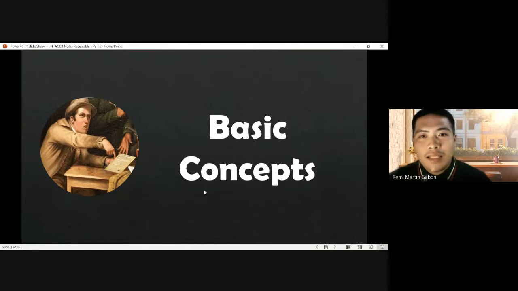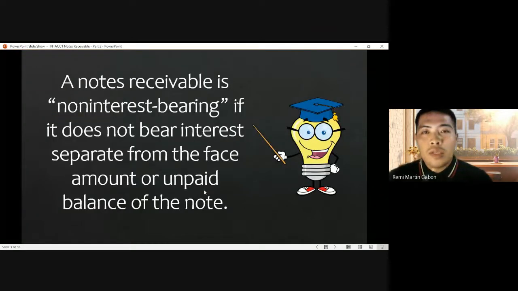Okay, basic concepts. So notes receivable is considered as non-interest bearing if it does not bear interest separate from the face amount or unpaid balance of the promissory note. So in contrast with our discussion yesterday with interest bearing, when we compute for the interest in relation to interest bearing notes receivable, we multiply a specific stated rate with the unpaid balance or principal amount or the face amount of the promissory note.